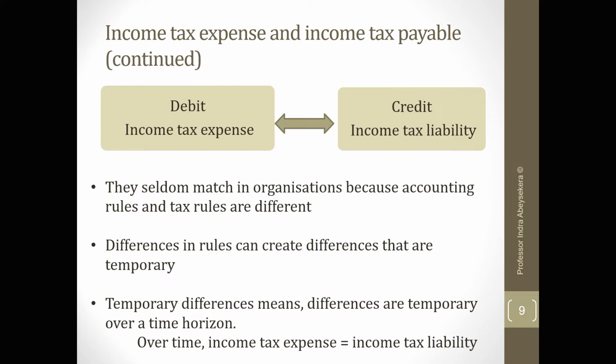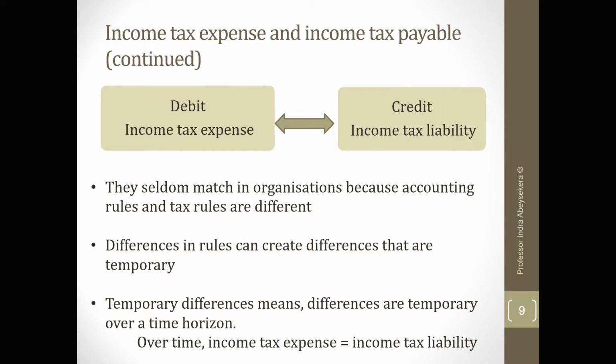So overall there is no difference, but the difference that occurs between the two are temporary differences, and these differences occur over time. But these differences typically net off because we are looking at the same asset, but accounting uses some set of rules and the tax office uses a different set of rules.